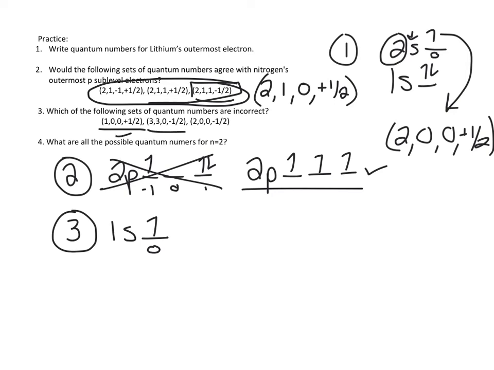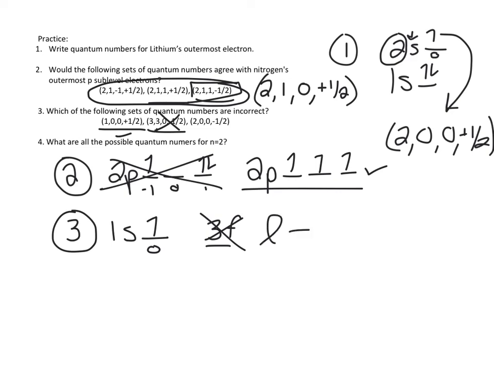Now let's look at the second one. So I have 3, so I'm on the third energy level. My second number is a 3, so that would be S, P, D, F. And right from that information, on my periodic table, there is no 3F sublevel, so this is not a valid set of quantum numbers.